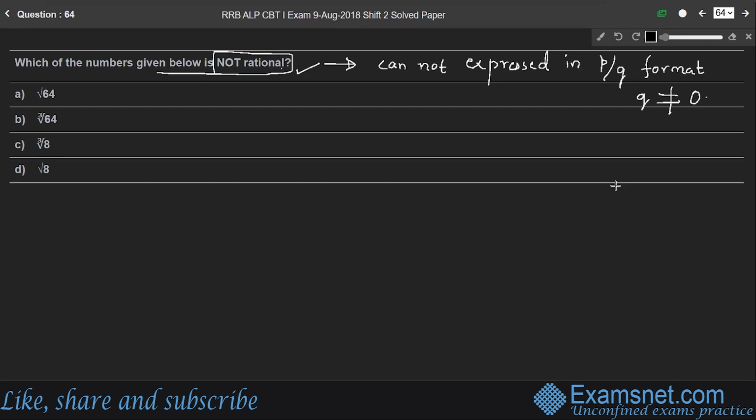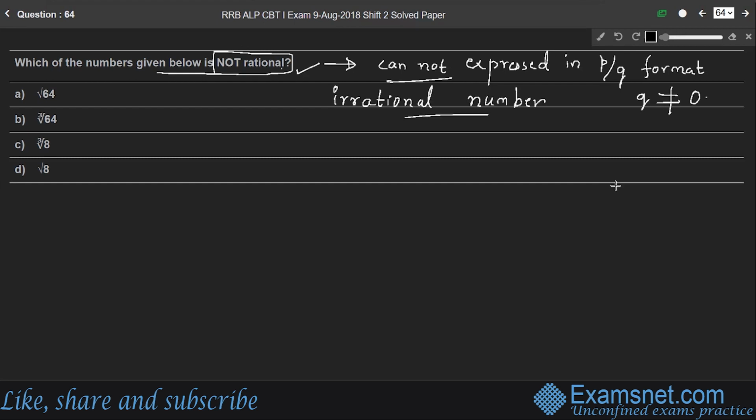The numbers which can be expressed in the form of P by Q are rational numbers, right? The numbers which cannot be expressed in P by Q format are not rational numbers, or irrational numbers.